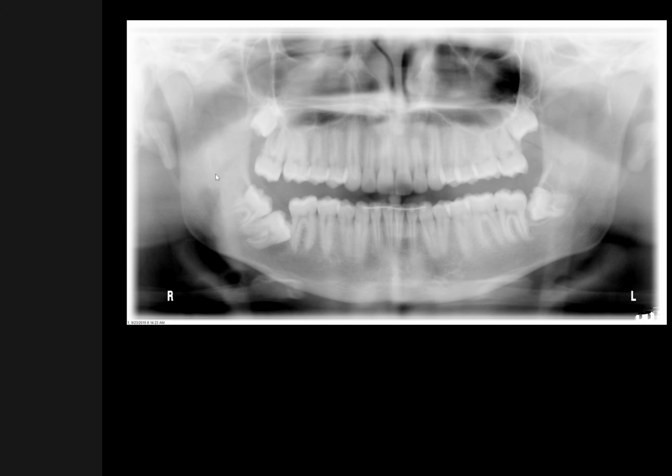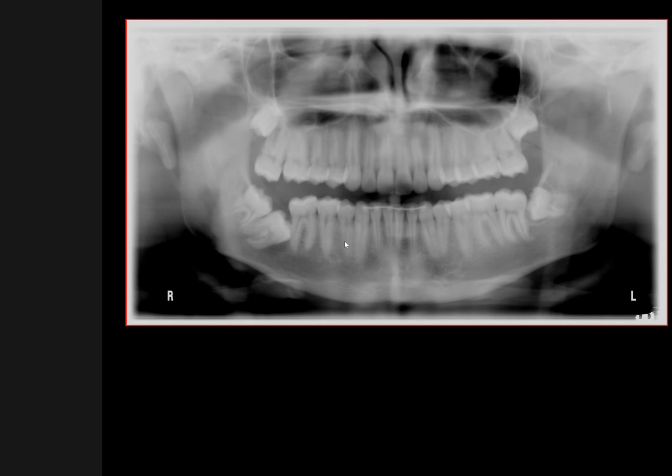Just from this bitewing radiograph, you just don't have enough radiographic information to make any good evaluation of the tooth, and therefore we have a panoramic radiograph, right? And it's clear that not only number 31 is impacted, number 17 is horizontally impacted as well.